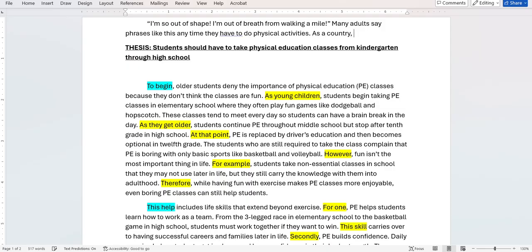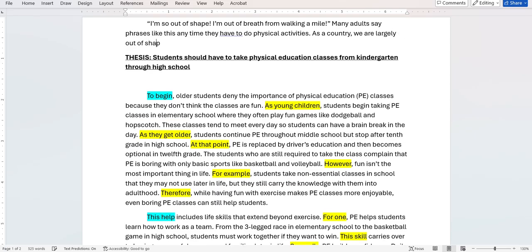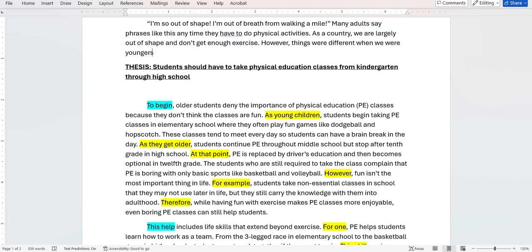As a country, we are largely out of shape and don't get enough exercise. However, things were different when we were younger and took physical education classes every day.